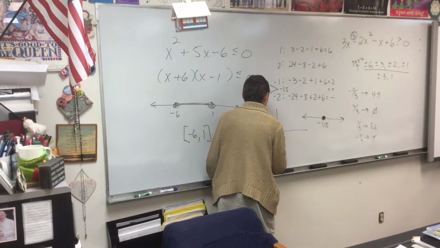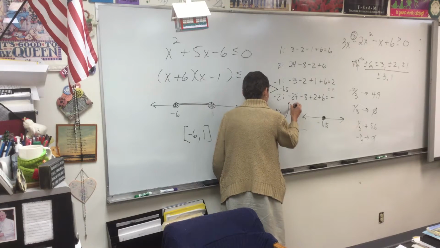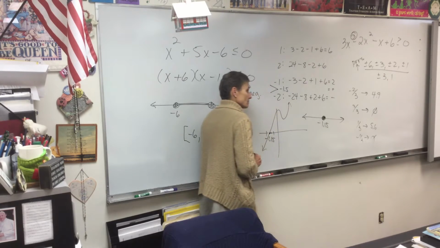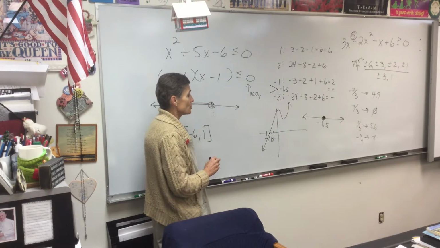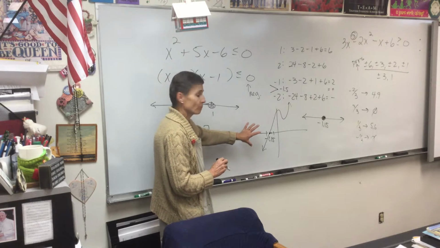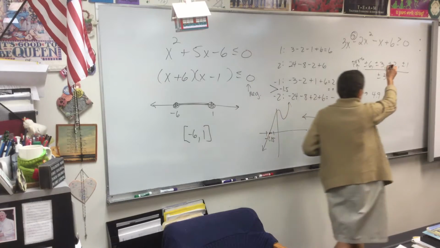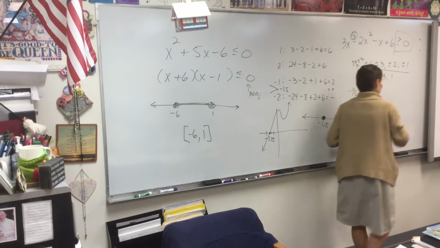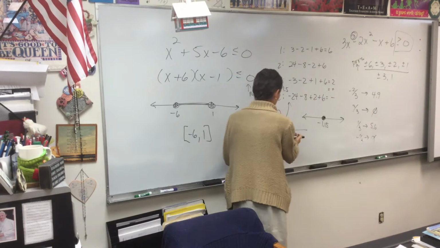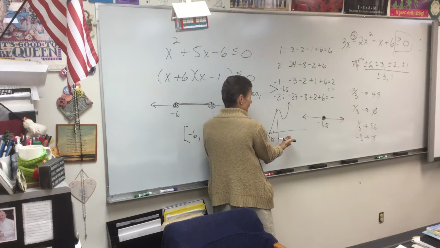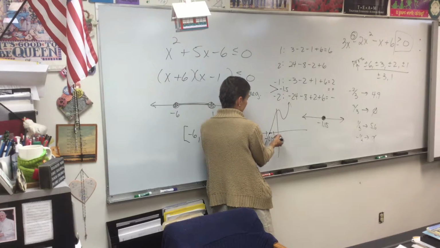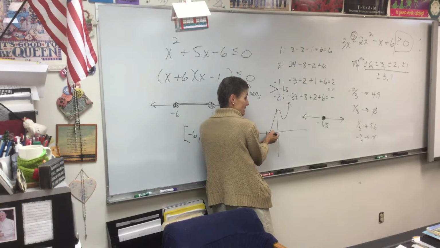Does this thing look something like this? You can actually answer the question from this if you want, because you want to know where it's greater than 0. Look at this picture on your calculator. Where do the values appear to be bigger than 0? Well, there's 0 right here.